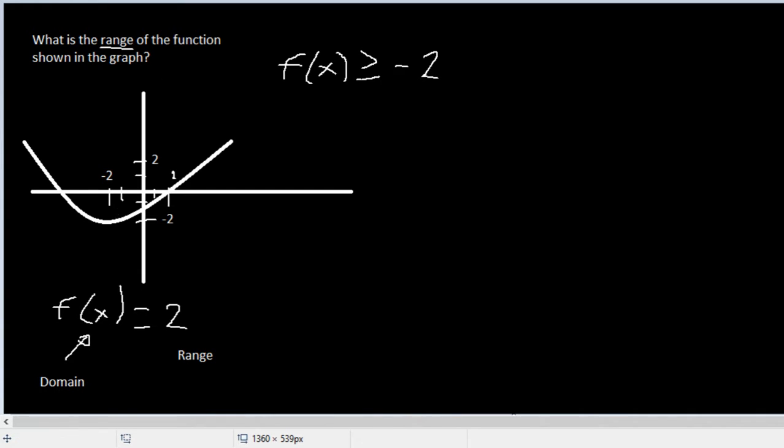Likewise, if I was to alter this graph a little bit, if I was to add another graph here, and I asked you the same question, what is the difference between the range of these two functions, these two graphs, and this is -3 and this is -4.